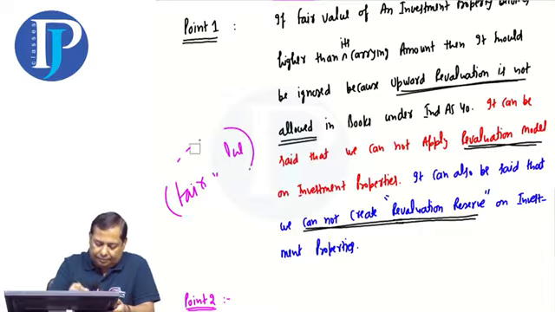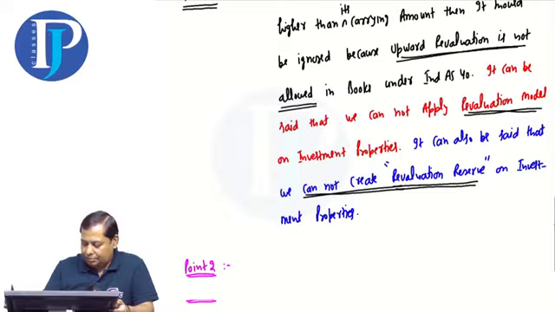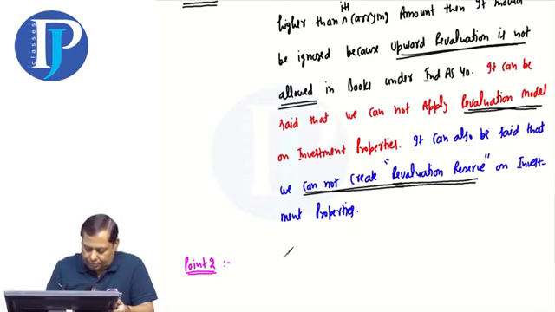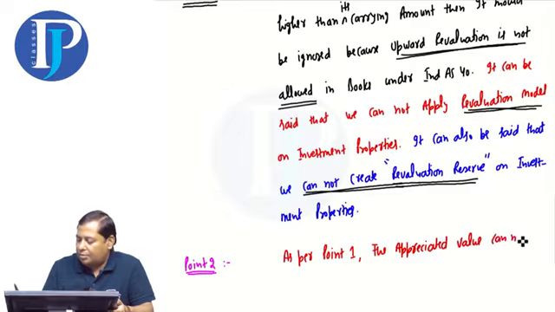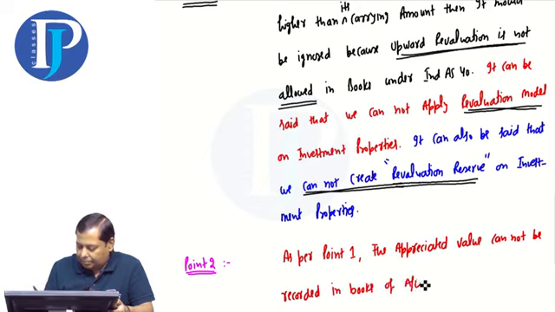Write in this. As per point 1, the appreciated value cannot be recorded in books of accounts, but it can be reported in notes to accounts.